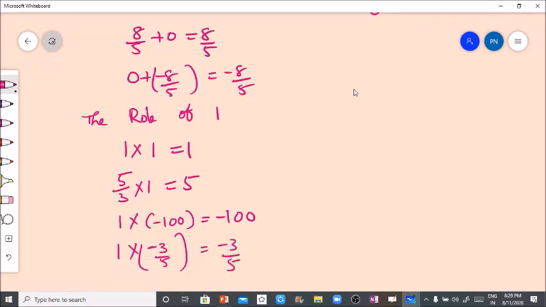The value never changes when we multiply with 1. This is called the multiplicative identity. Here the multiplicative identity is 1. So 1 is the multiplicative identity.